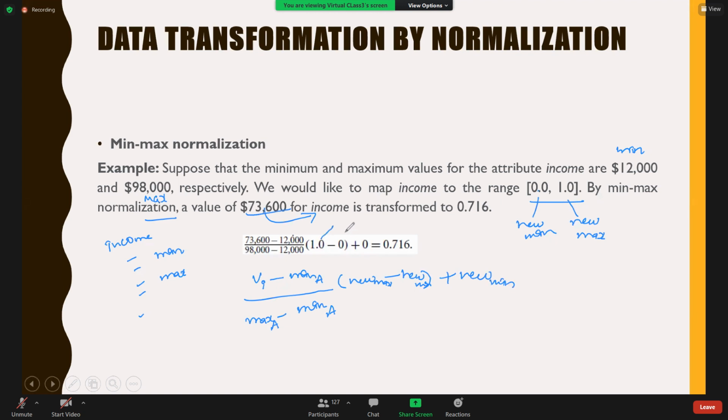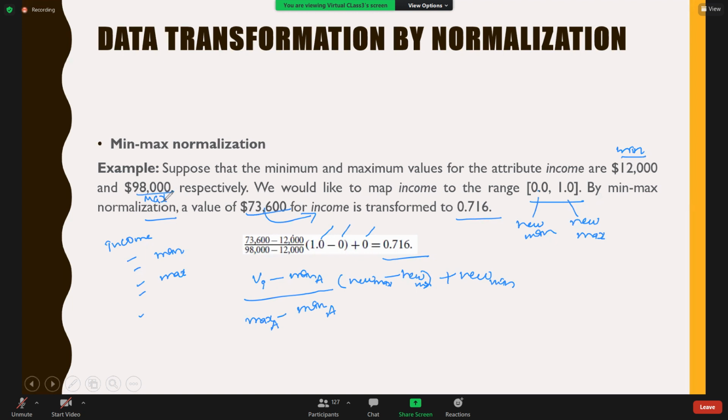New maximum, new minimum, new minimum. So if you solve this, you'll be getting 0.716. This is according to min-max normalization. So the income 73,600 is converted to 0.716 based on the input values of the income, based on its minimum and maximum.